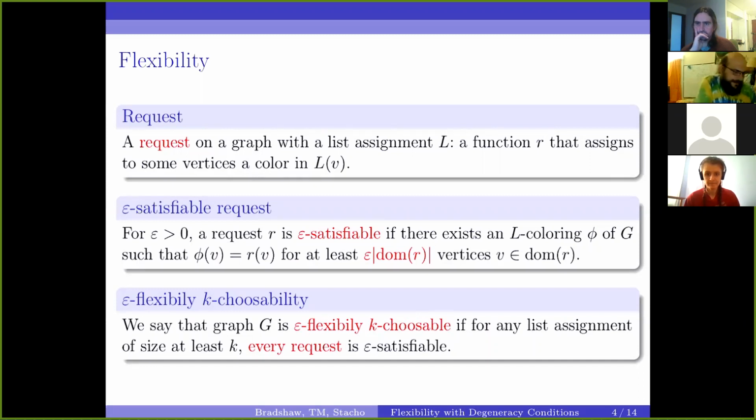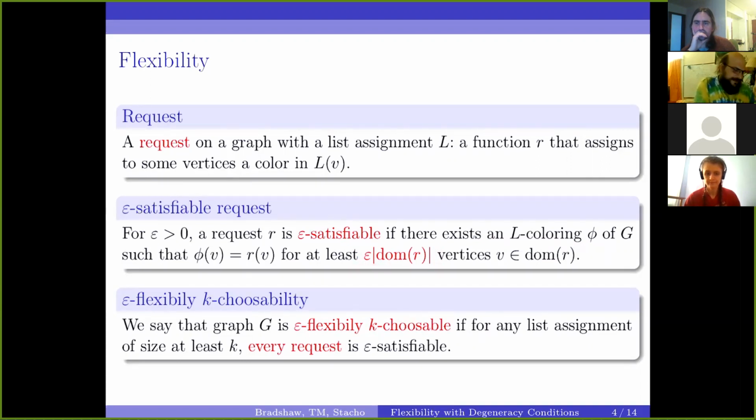Then we say that a request is epsilon-satisfiable, for positive epsilon, if there exists a list coloring phi of G such that phi of v, the color of v, matches the request sufficiently many times. So we match the color for epsilon times the domain of R vertices, which is the number of vertices that requested a color. So epsilon is this constant for us.